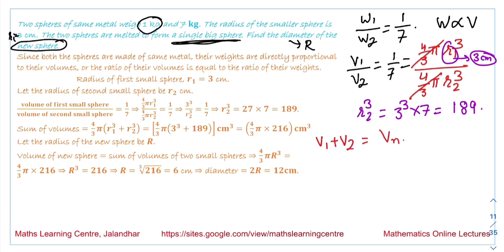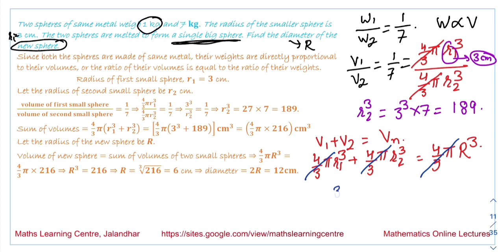If we write the formula for both these, we get 4/3 pi R1 cube plus 4/3 pi R2 cube equal to 4/3 pi capital R cube. So this 4/3 pi gets cancelled. The value of R1 cube is 3 cube, the value of R2 cube is 189, and this is equal to capital R cube.